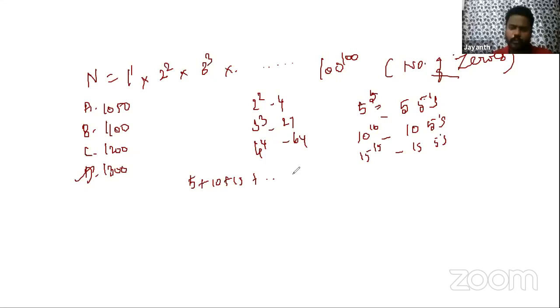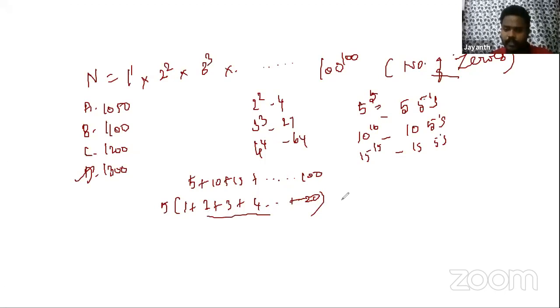If we go up to 100 and take 5 as common, it is nothing but 1 plus 2 plus 3 plus 4 plus up to 20, because 5 20s are 100, right? So this is the sum of the first 20 natural numbers, which is n into n plus 1 by 2.